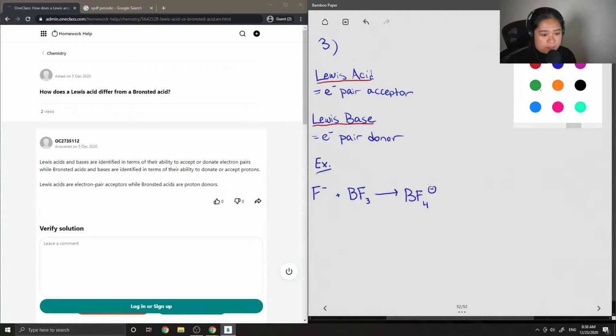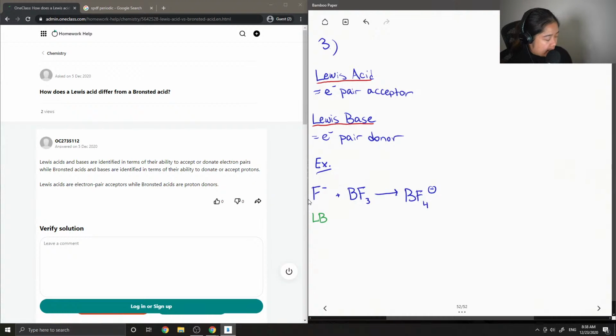In this case, the Lewis base is the negatively charged fluorine ion, and the Lewis acid is the BF3. And together, they form an acid-base product. Okay, so that's the example for a Lewis acid and a Lewis base.